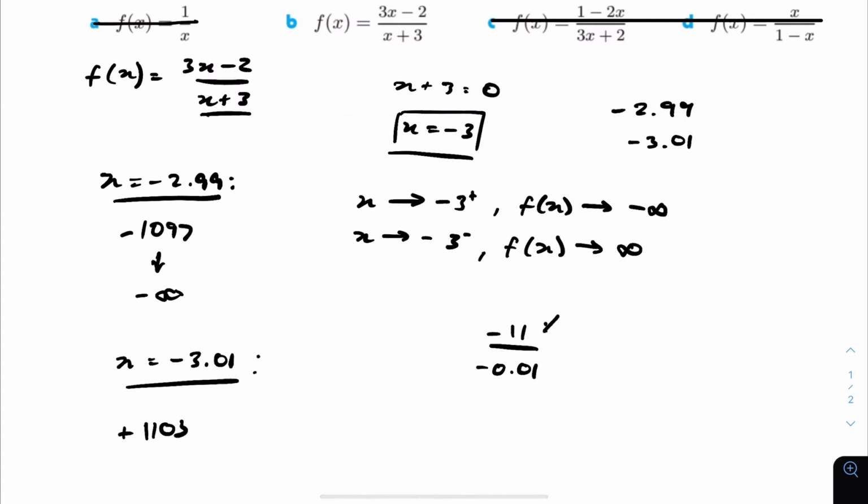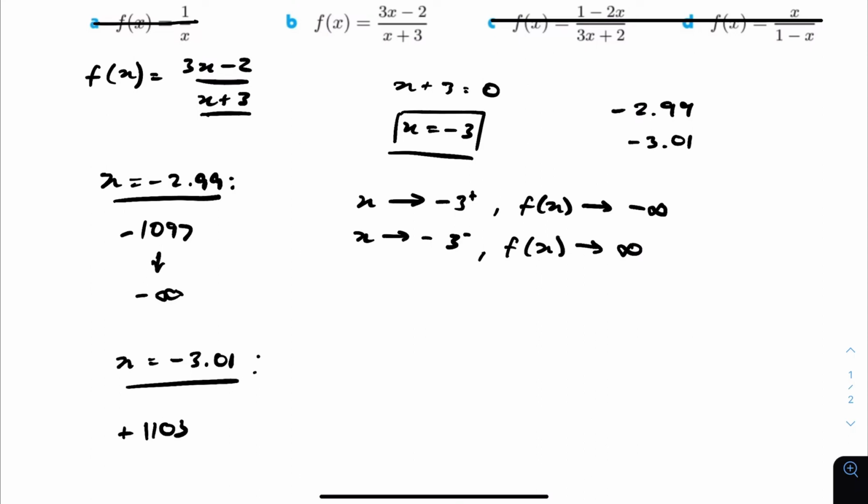So we have a very big negative number divided by a very small negative number, and that's going to give you a very big positive number, because negative over negative cancels out. That's just another way of thinking about it. You can think of it in the same way with negative 2.99 and negative 3.01.